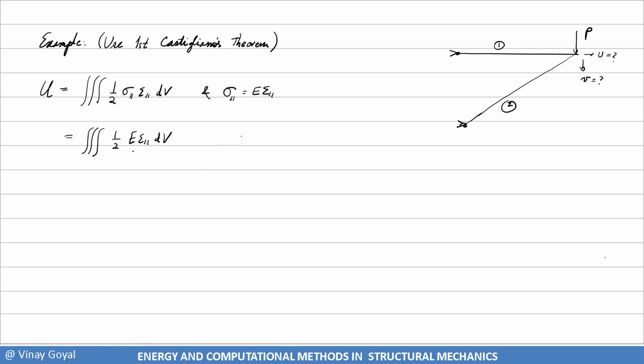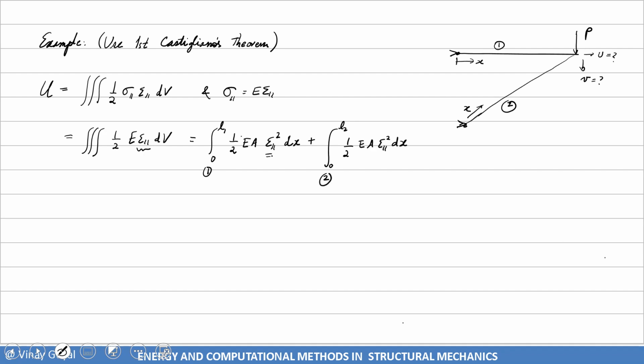We know that epsilon 1,1 does not depend on the cross section, so you can integrate from 0 to L1 for bar 1. And I'm going to put a coordinate system that goes like that, X, who cares, right? Doesn't matter. And L2 for bar 2.